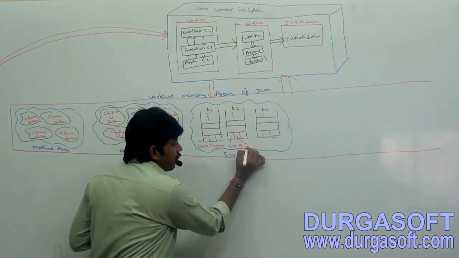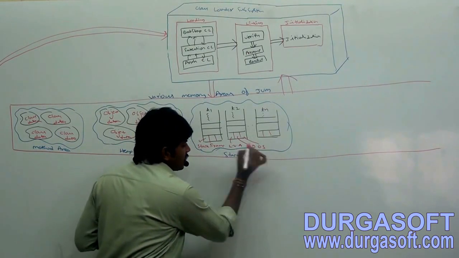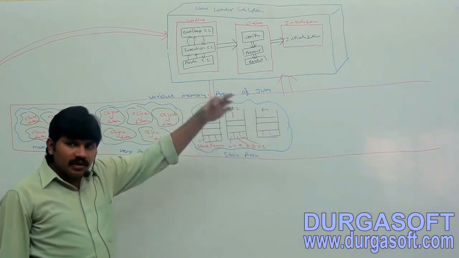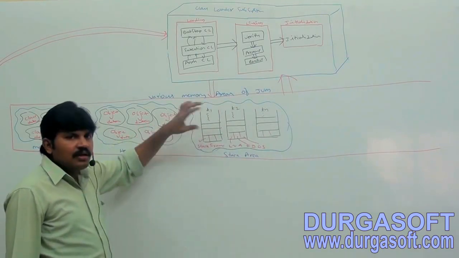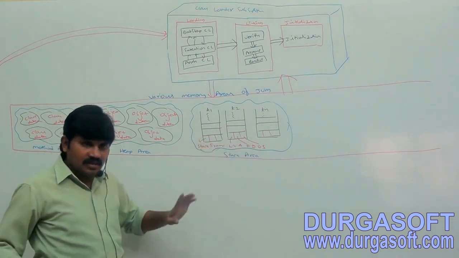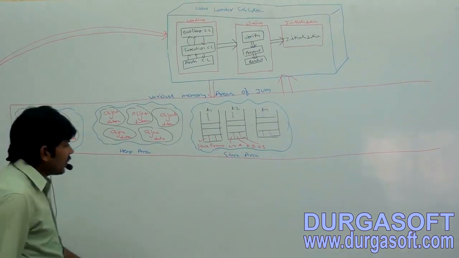For every thread a separate stack will be there. All local variables will be stored in the corresponding runtime stack. Clear for all of you, right? So this one is nothing but the stack area.